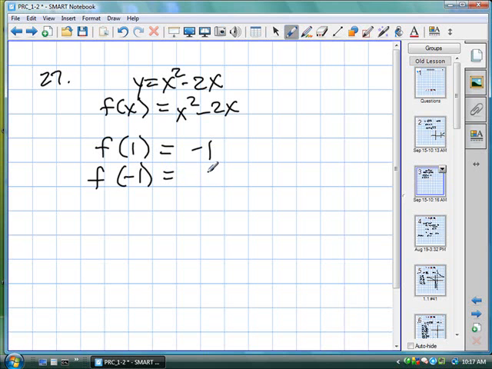Let's see, 1 squared is 1, and negative 2 times negative 1 is, so you get 3 this time. Now, did you notice how the symmetry test, what did that tell you? No. We didn't get the same number. We didn't get the same number with the opposite sign. So this is looking like not much is going on here.